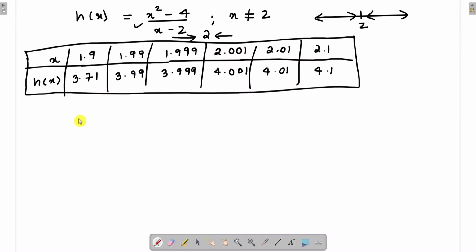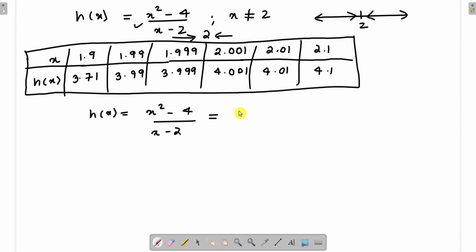Now we have to calculate the limit. For that, we look at the function again, h(x) is equal to (x square minus 4) divided by (x minus 2). The problem here is you have the factor x minus 2, and when x approaches 2, what you have is 2 minus 2, which is 0. So here we have to simplify the numerator.